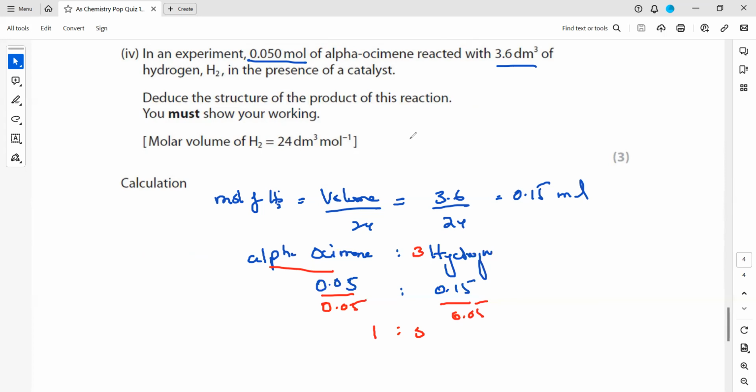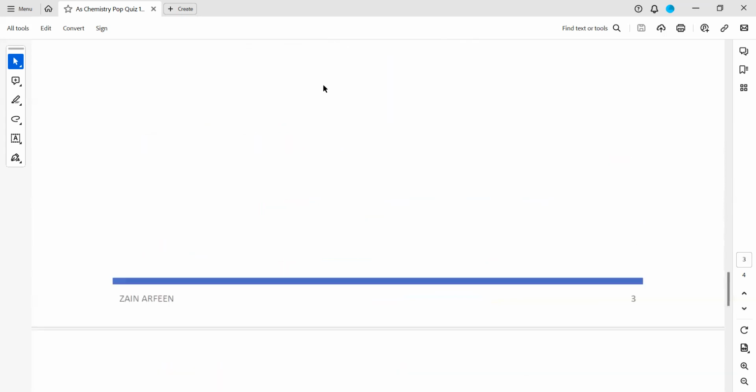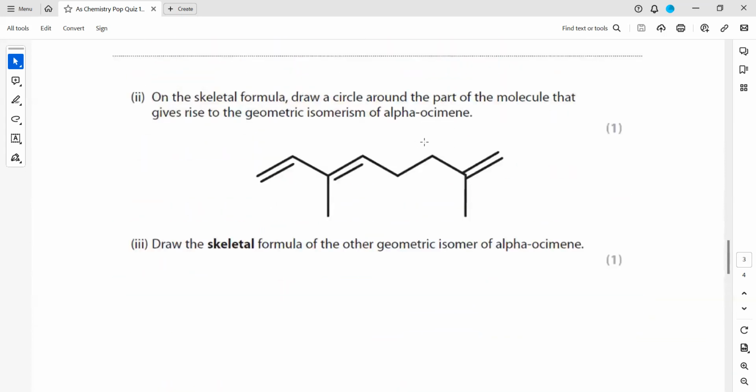So what will be the structure here? This was the structure of the reactant, and it is reacting with 3 hydrogen. So the double bond will break here, this double bond will break, and this double bond will also break down.